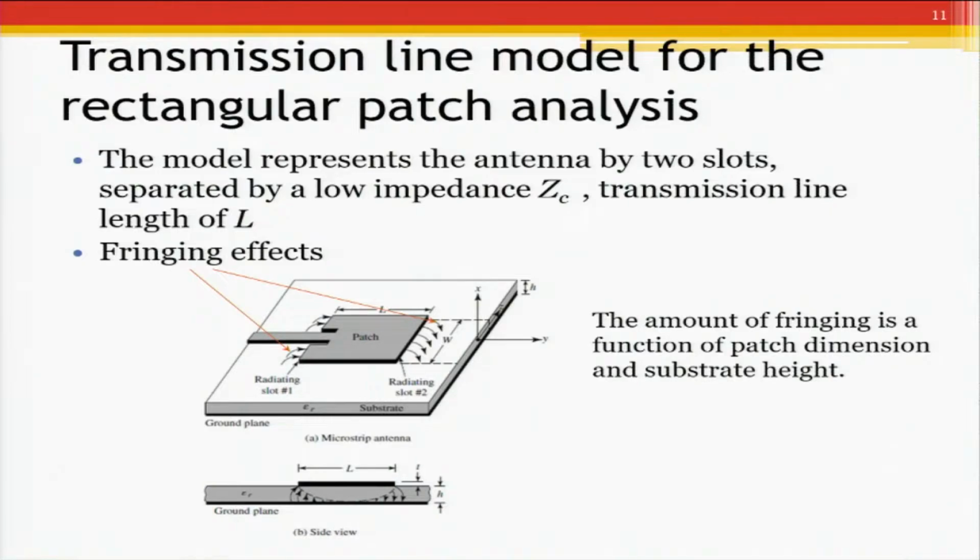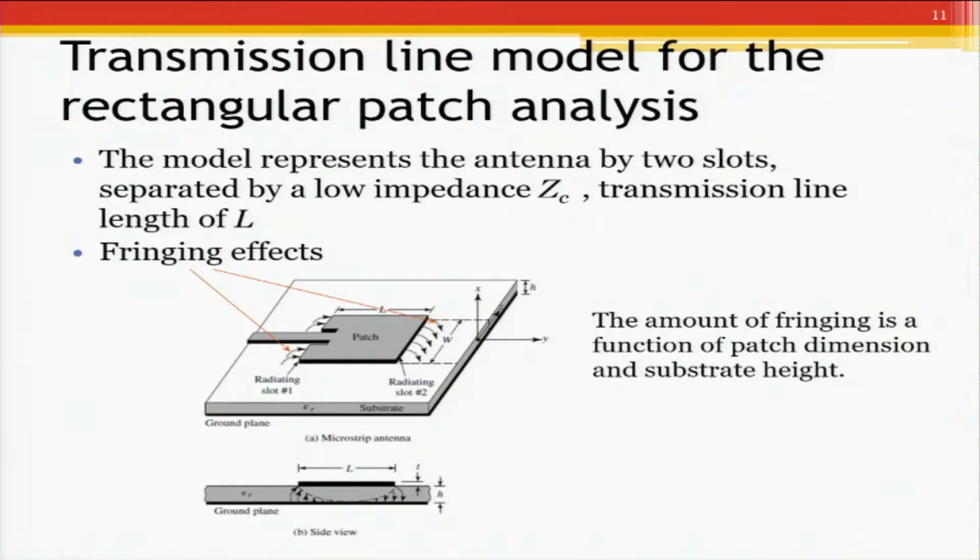In the transmission line model, we represent this patch antenna by two slots, separated by a load impedance and a transmission line of length L. What I mean is that if you think of this patch as the transmission line, this is like impedance number 1, and this is the slot.